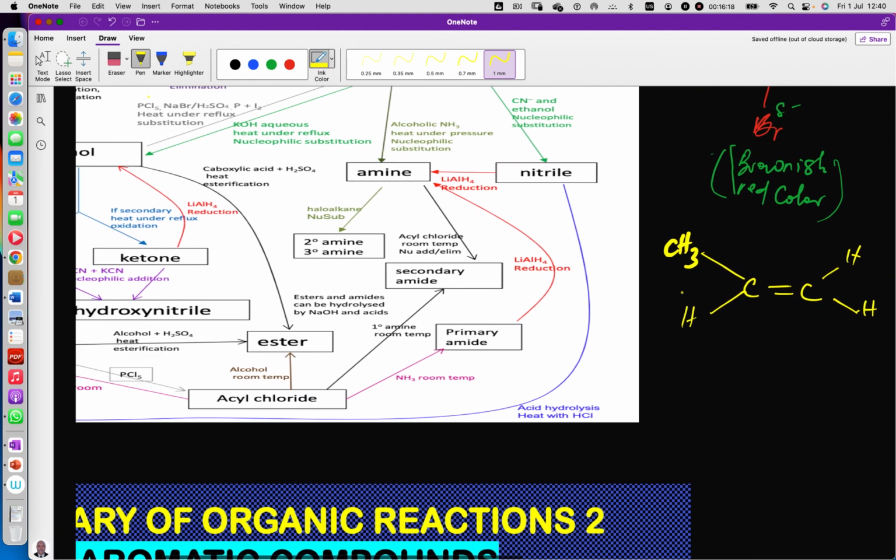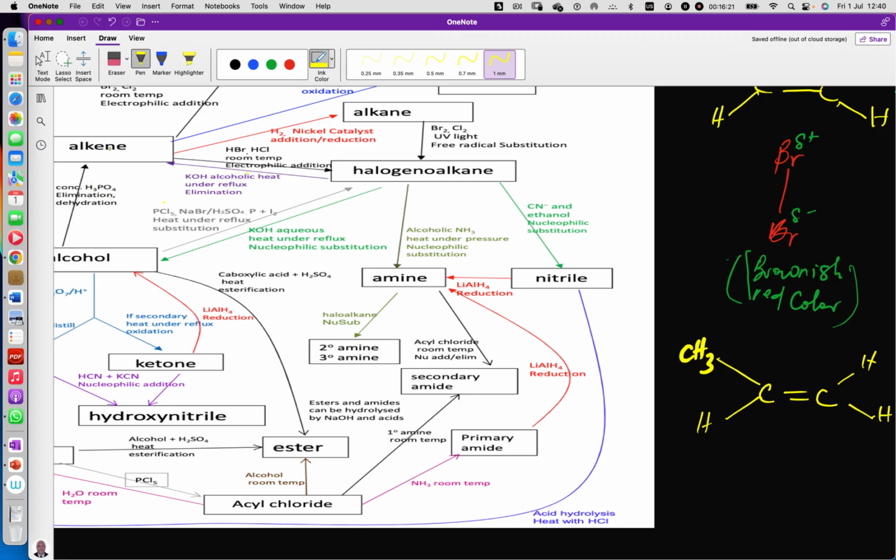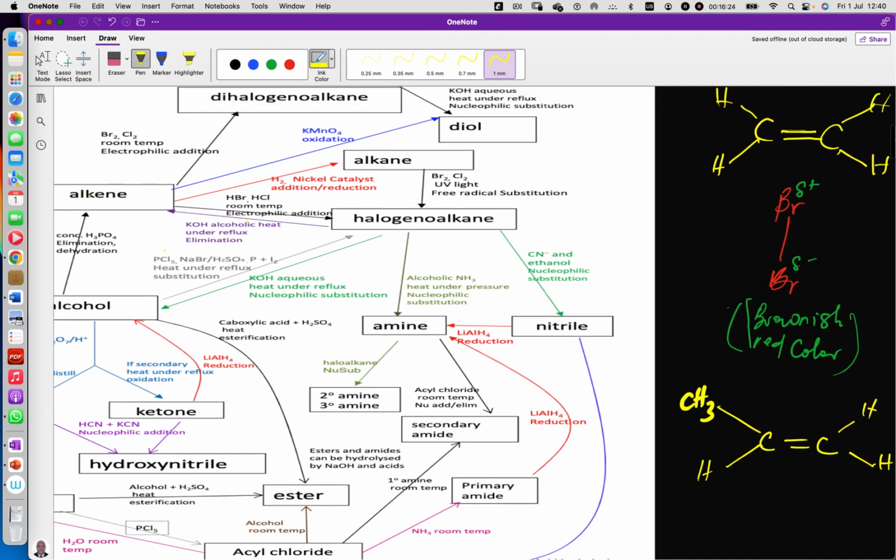So now again, you will also see that an alkene can react with hydrogen bromide under room temperature, and that will be electrophilic addition to produce a halogenoalkane. An alkene can again react with hydrogen to produce an alkane, with a nickel catalyst, or you can call it a platinum catalyst.